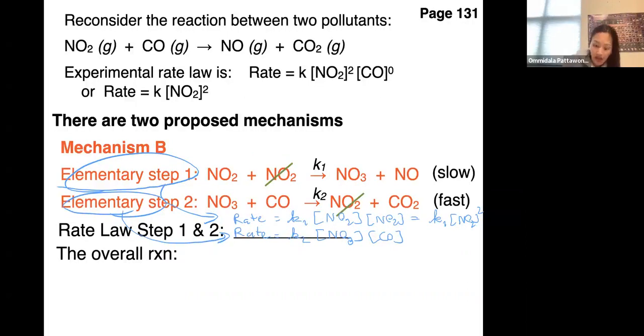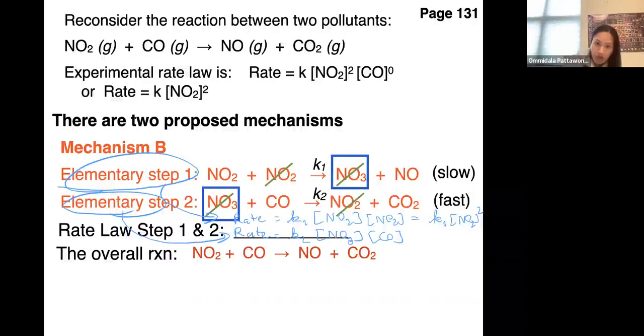So you can cancel one NO2, because there are two molecules here, and you can also cancel NO3. The overall reaction comes out to be NO2 plus CO going to NO plus CO2. Note that a species that is produced during the reaction and then consumed is called an intermediate. So in this case, NO3 is an intermediate for this mechanism.